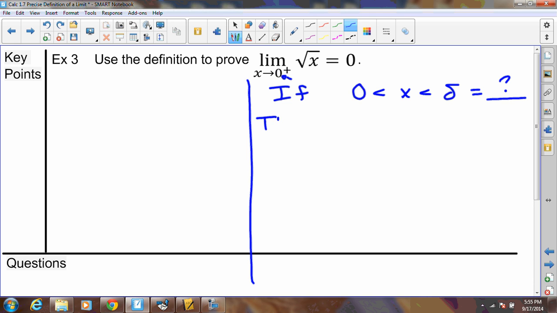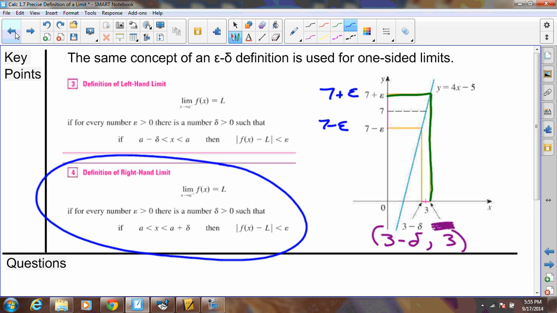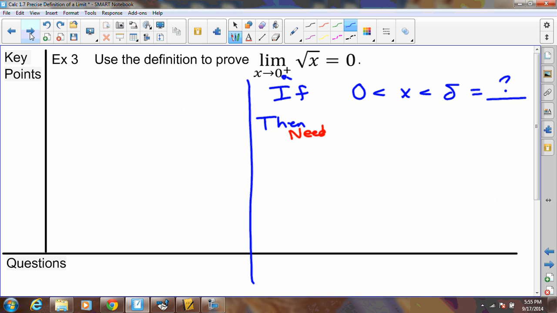Then the part that we need to be true is based right over here. It's the same f of x absolute value stuff that we had before. F of x minus the limit has to be less than any epsilon value we are given.